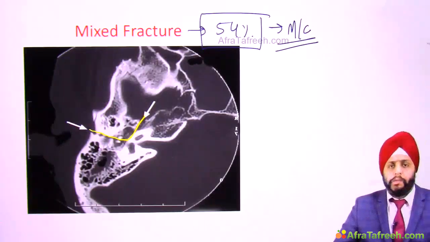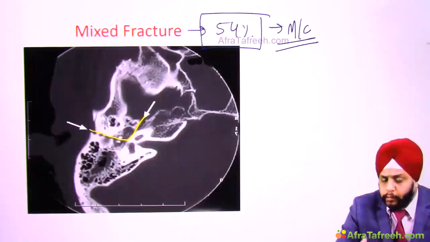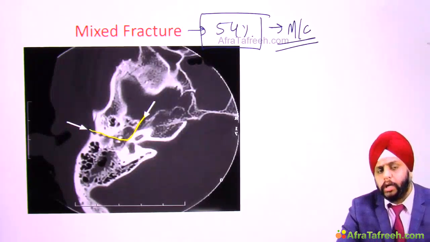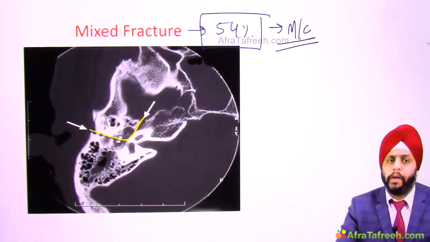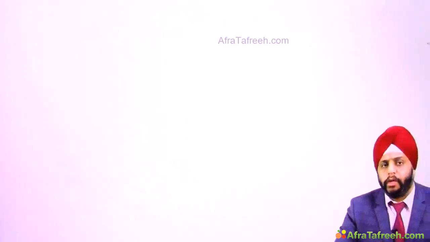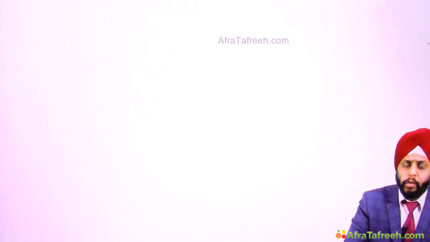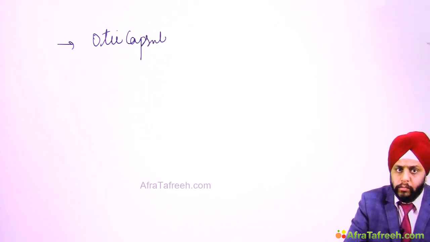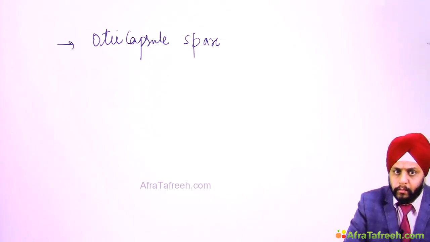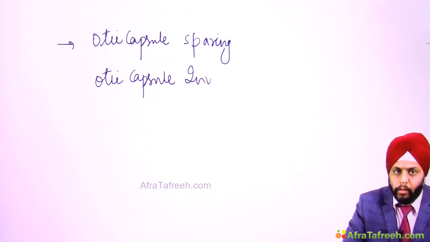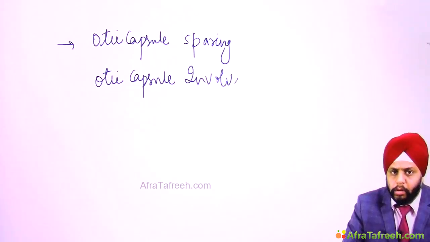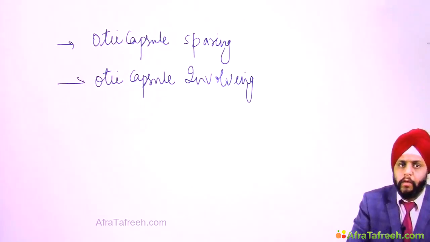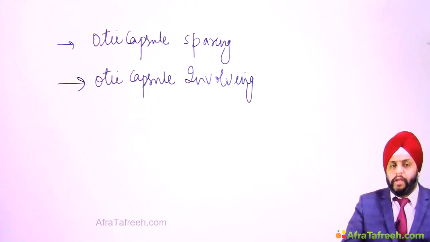Okay, now, nowadays because of the CT scan, we do not classify them as longitudinal or transverse or mixed. We have a new classification. Okay, the new classification is otic capsule sparing and otic capsule involving fractures.